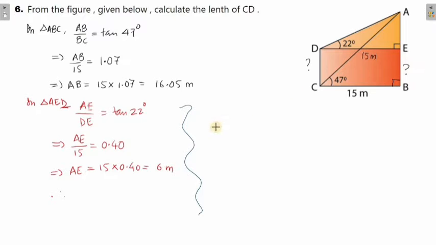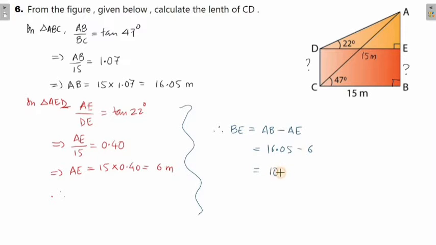So we have BE equals to, can I write this BE as AB minus AE? Yes, right? So AB minus AE can be written in place of BE. Now AB is 16.05 and AE is 6. So find the difference.